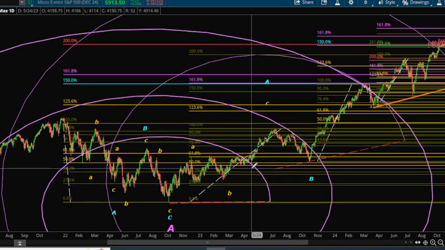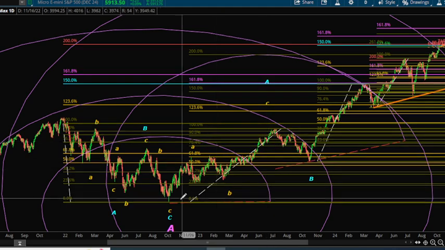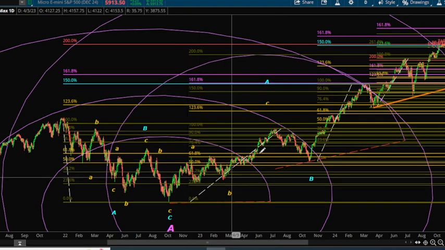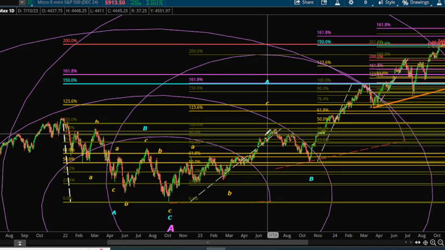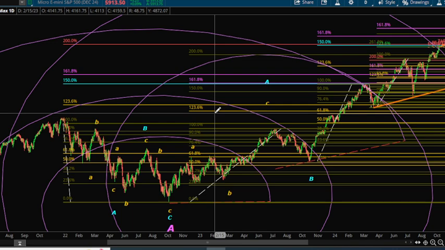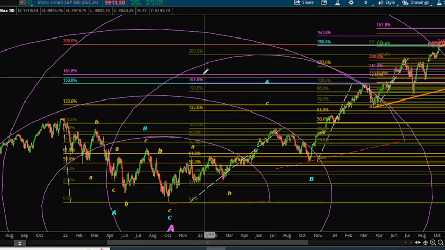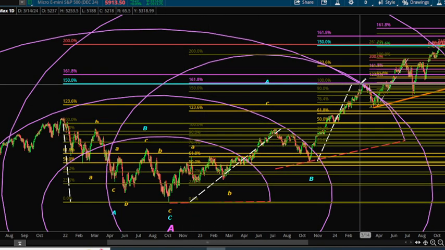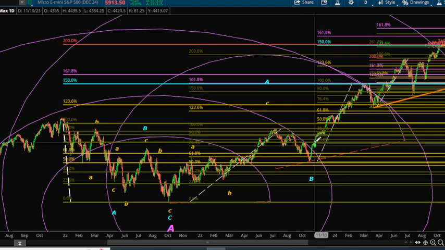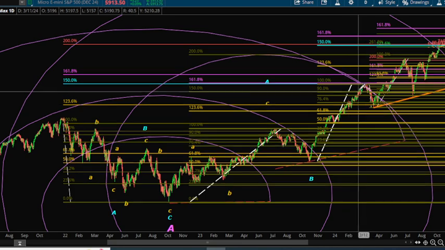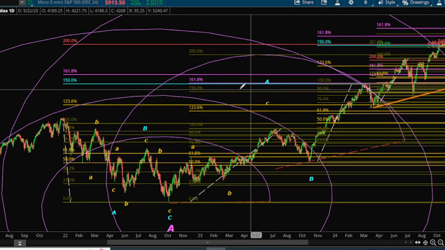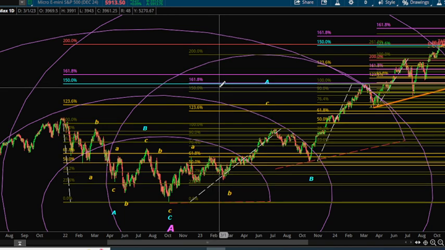So the next leg of importance is the first leg up on this B wave, which is a lower degree A, and this one was pretty significant in the fact that on the 61.8%, on its next leg up, which would have been a C leg in this B wave of a lesser degree, it reacted to the 161.8.